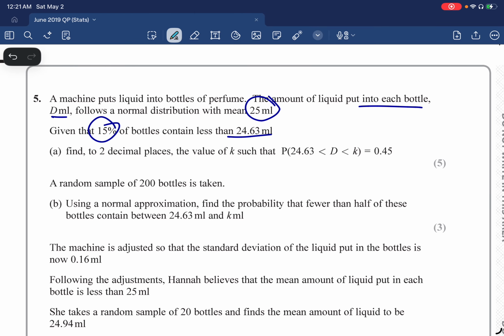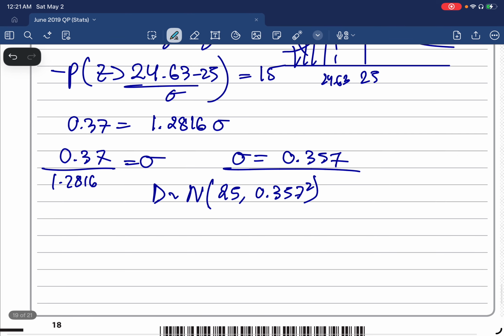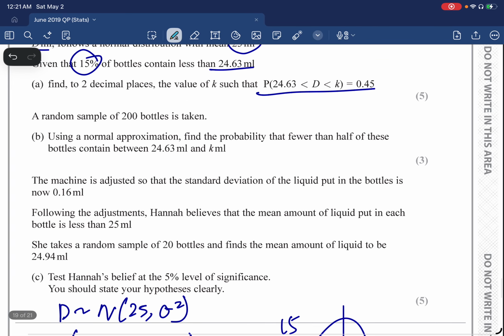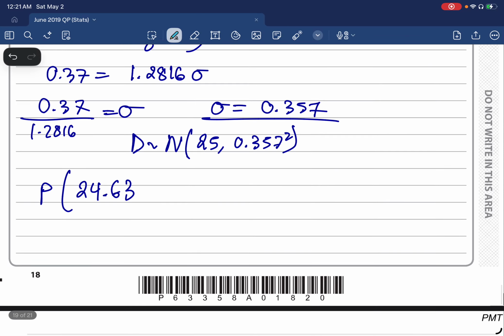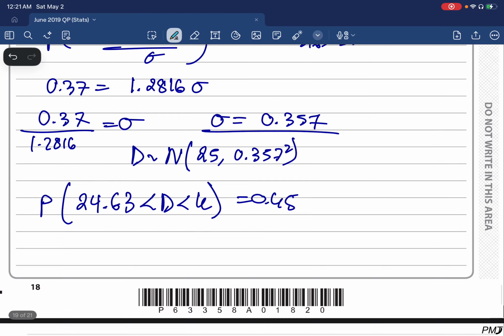Find the value of k such that this is equal to 0.45. So the probability that 24.63 is less than D, less than K, is equal to 0.45.